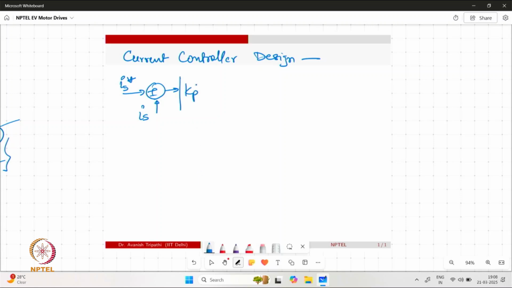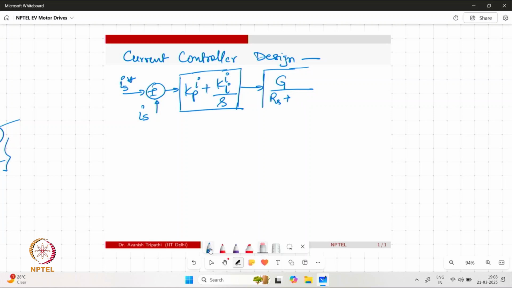We have the PI controller, so the coefficients are indicated as Kpi, Kii by s, and the output of the controller is basically fed to the inverter, so there is a gain, and then we have the plant, the RL plant corresponding to the machine, 1 by (s sigma Ls + Rs), and this results in the current.